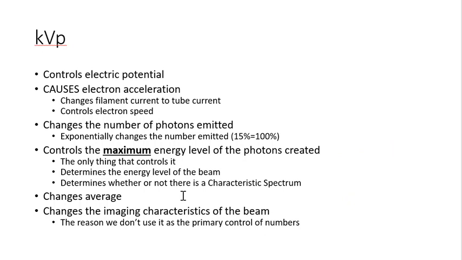The very peak of that bubble goes towards the high energy side. And the reason that we don't use it as the primary control of numbers is because it changes the imaging characteristics of the X-ray beam. Whereas mAs only changes the numbers, kVp changes everything.